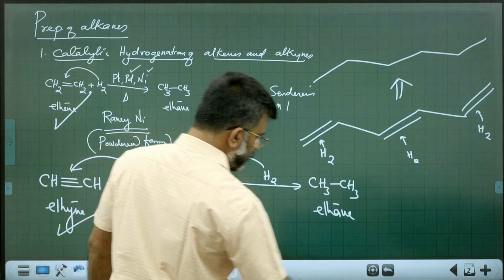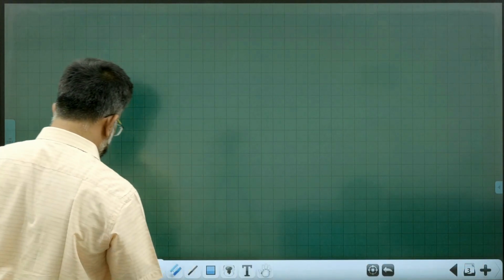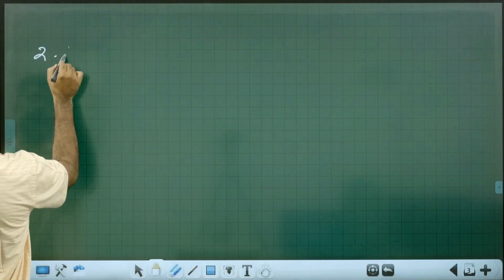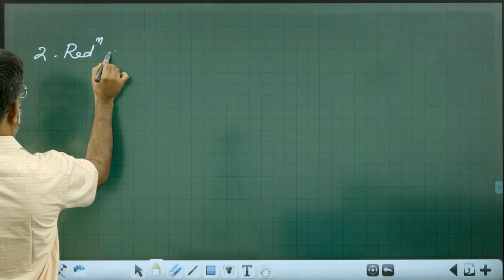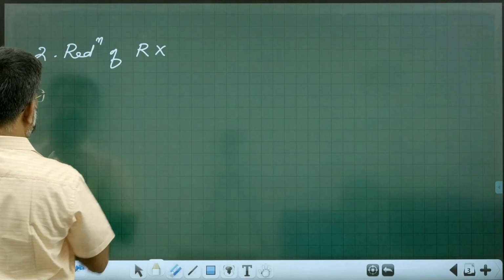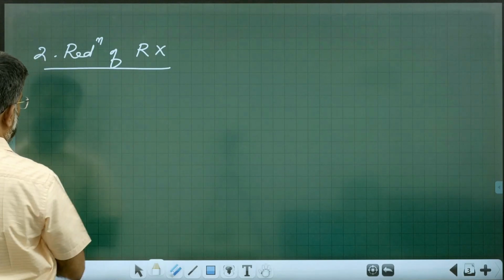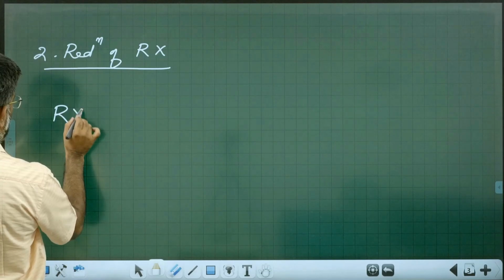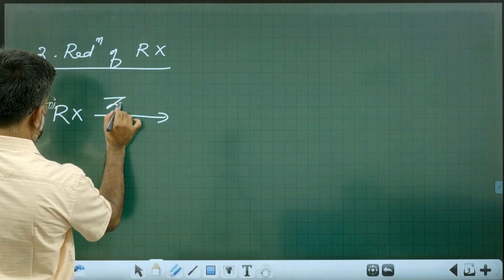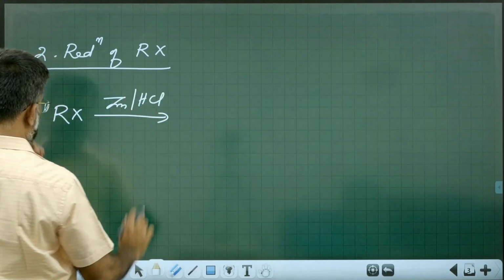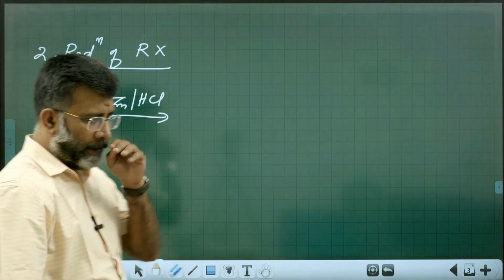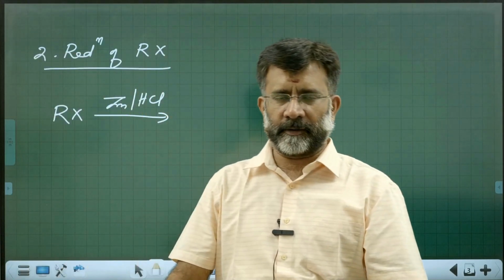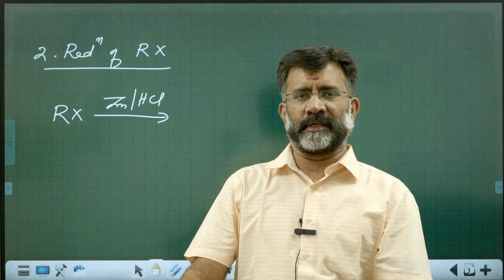Number two, that is reduction of alkyl halide. Alkyl halide is reduced using an active metal like zinc with hydrochloric acid or dilute acid.